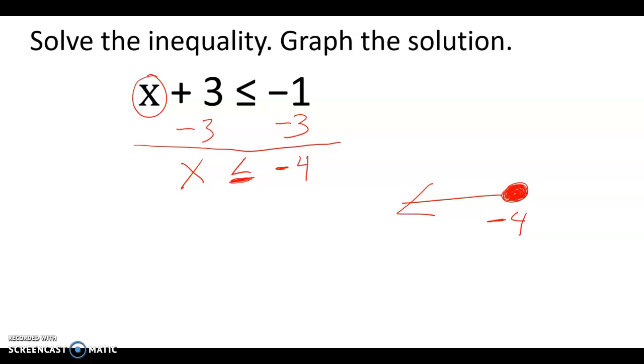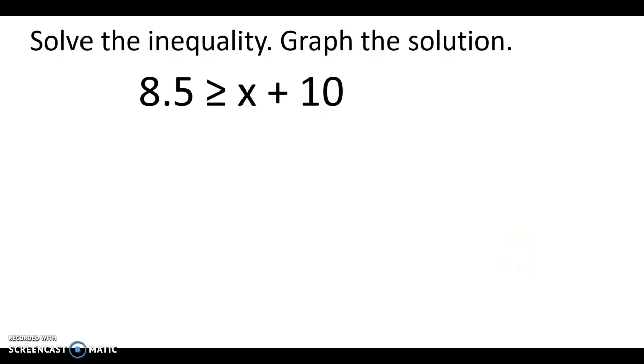All right. Two more problems. Turn it to the next page. So I find my variable term, which is x. I need to get rid of my plus 10, so I go minus 10 and minus 10. So I would go 8.5 minus 10.